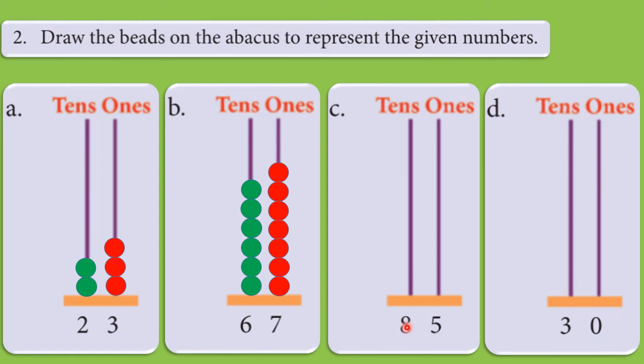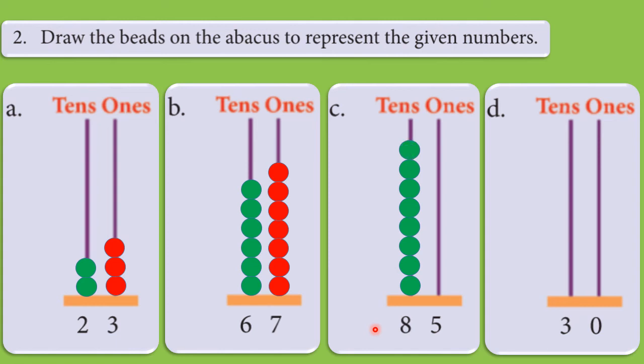So we have to draw 8 beads on tens place rod here and 5 beads on ones place rod to represent the number 85. Let us do that now. 1, 2, 3, 4, 5, 6, 7, 8.